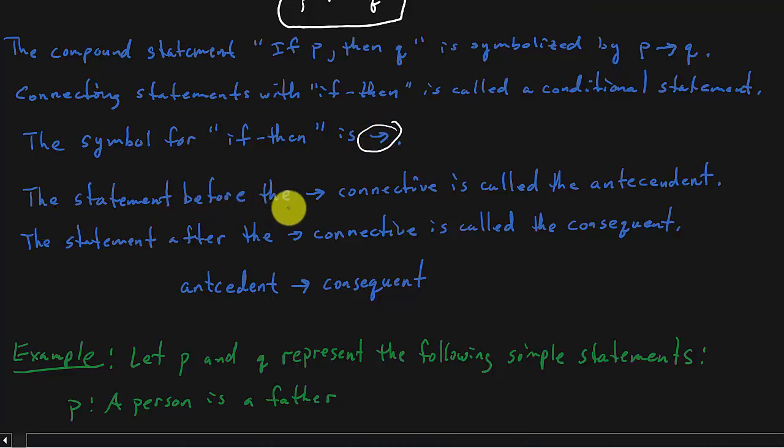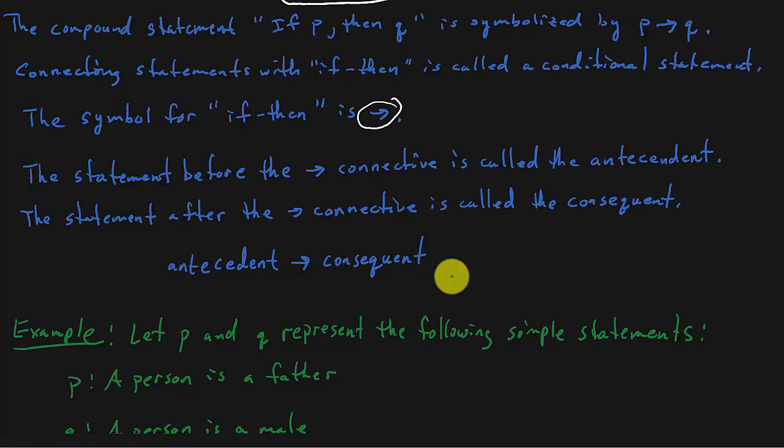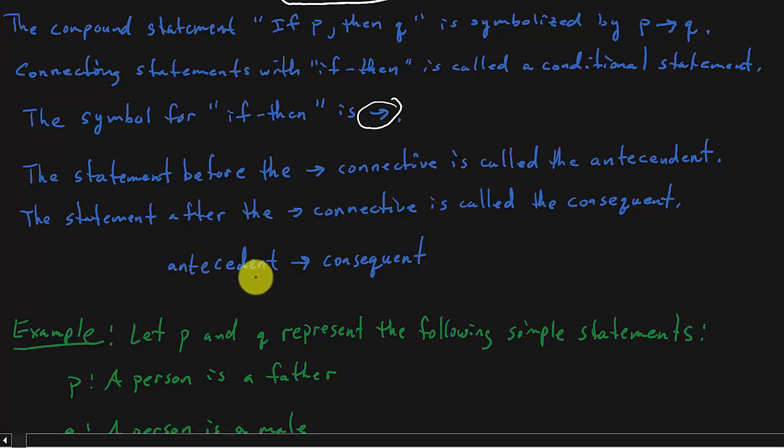The statement before the symbol is called the antecedent, and the statement after is called the consequent. I misspelled it here, didn't I? So you've got the antecedent and then the consequent. And you may have heard it elsewhere, the if then, where the first part before the arrow is the hypothesis and this is the conclusion.